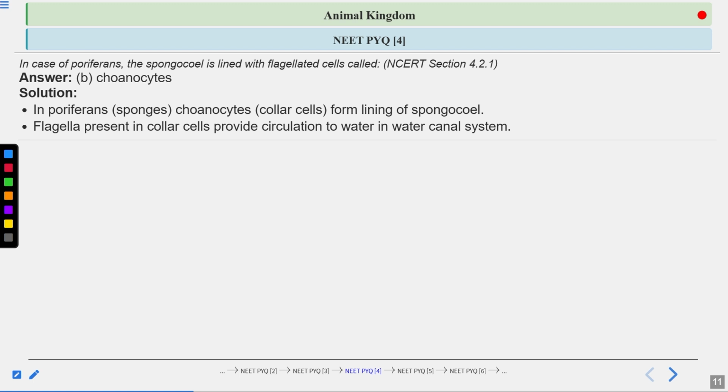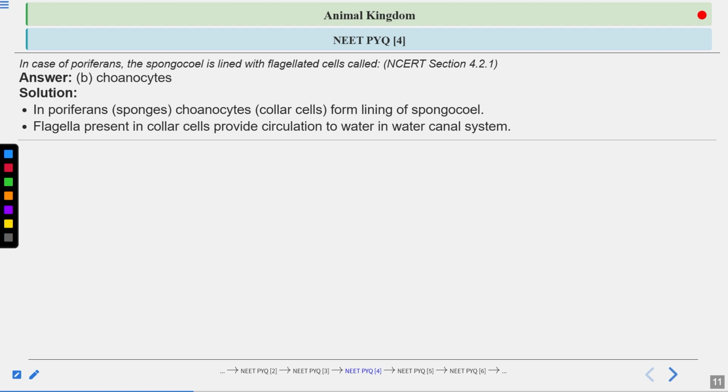There is a continuous movement of the flagella and that allows the water to move from the spongocoel cavity toward the osculum region. The top opening is called the osculum. Now the water comes from the pores, called ostia, and moves inside the spongocoel cavity.